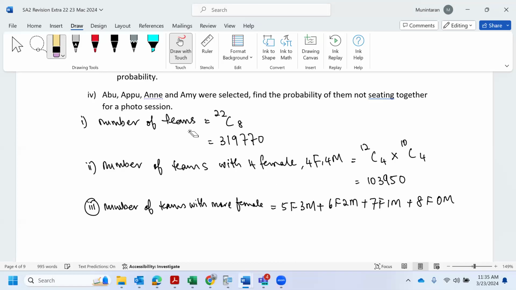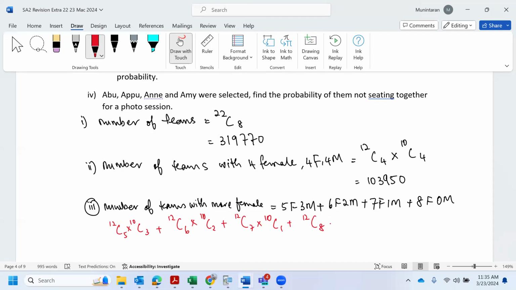Each one you have to do individually. That means you're going to say 12C5 times 10C3, plus 12C6, the smaller number always at the bottom, times 10C2, plus 12C7 times 10C1, plus finally 12C8.